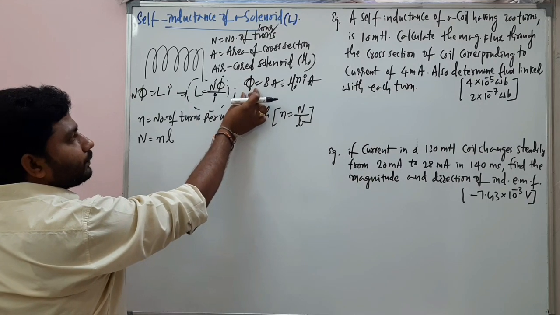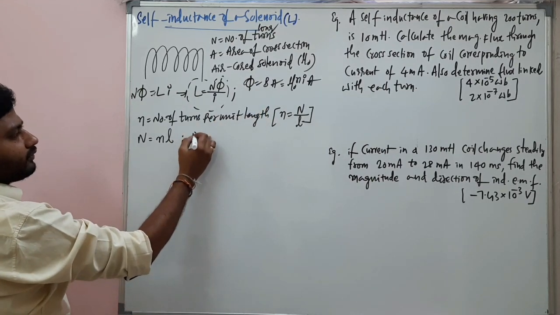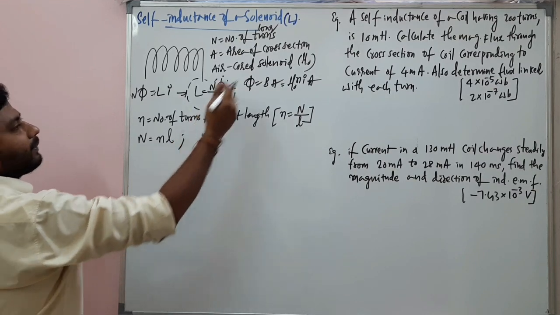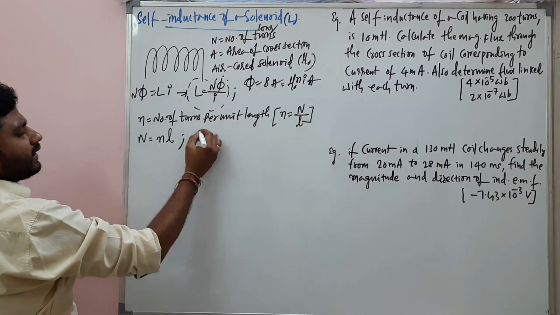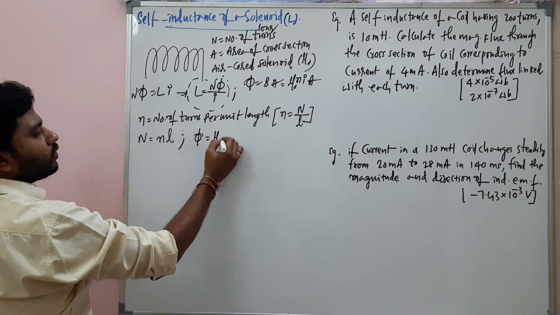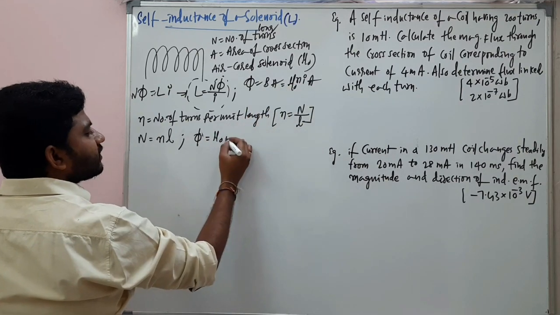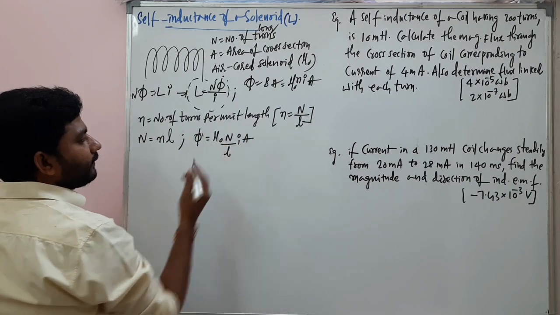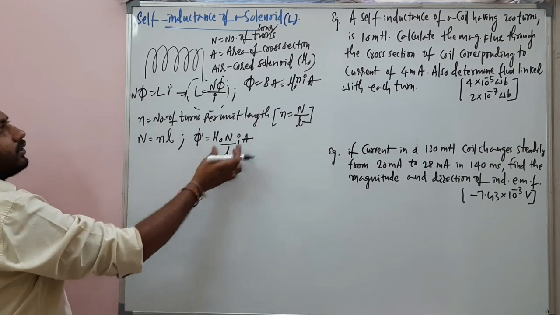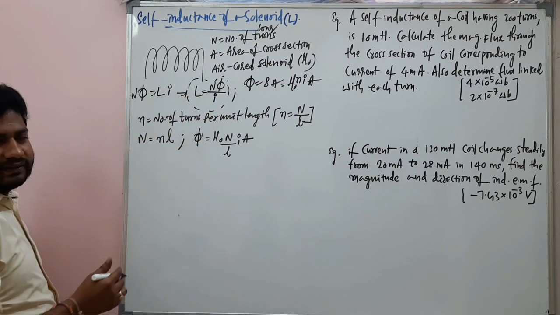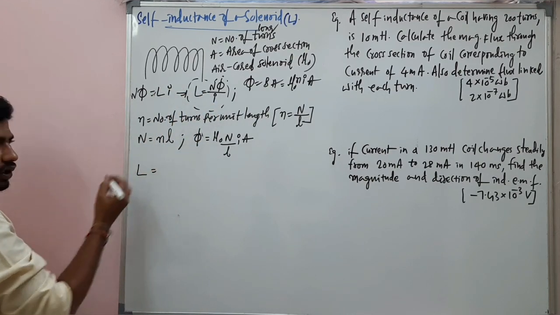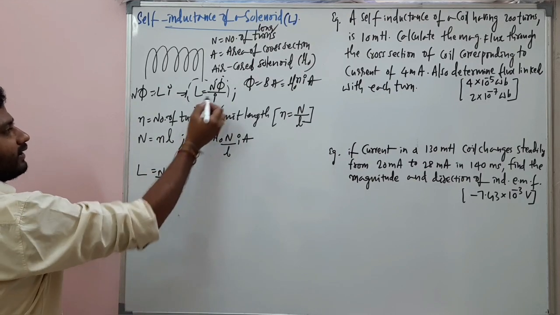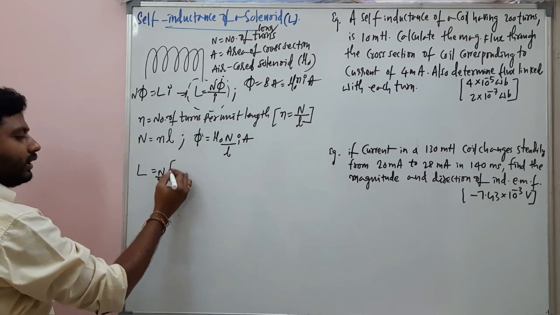Now, let's look at the magnetic flux in terms of capital N. Magnetic flux is equal to mu naught, small n is capital N divided by L, into I into A. Keep it here. Let's substitute this into our self-inductance. Self-inductance of a solenoid is equal to N divided by I into phi.